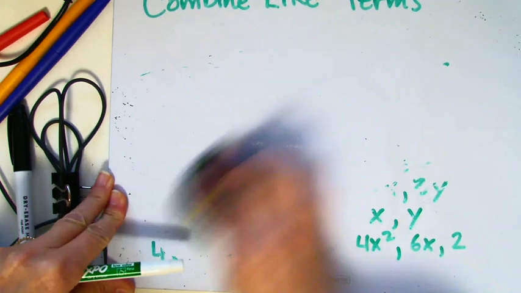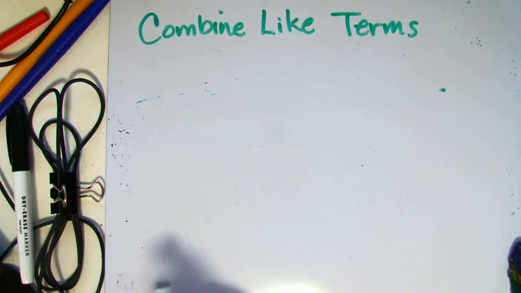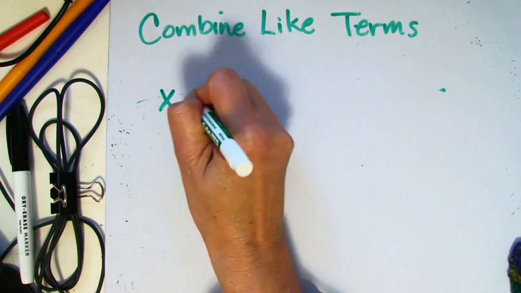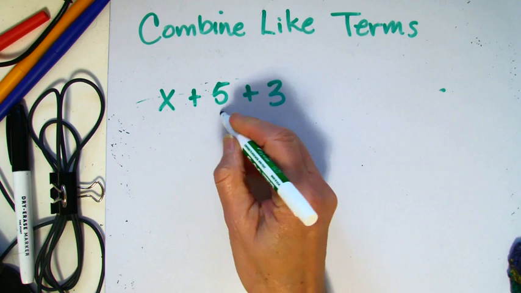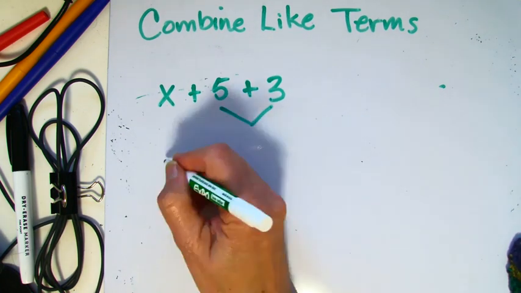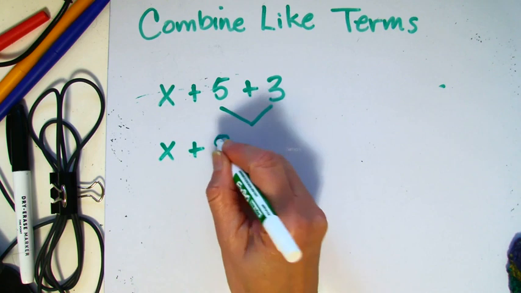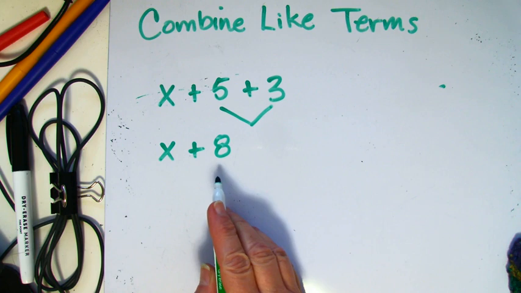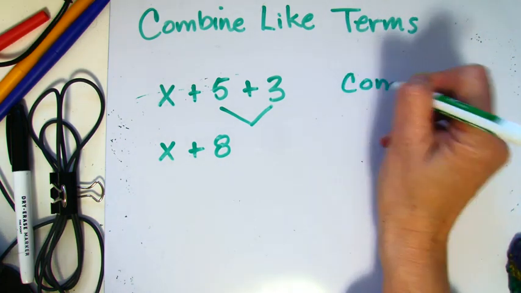So let me give you an example. x plus 5 plus 3. These terms are constants and we can combine them. We now have x plus 8. And that would be our simplified expression. So we can combine constants.